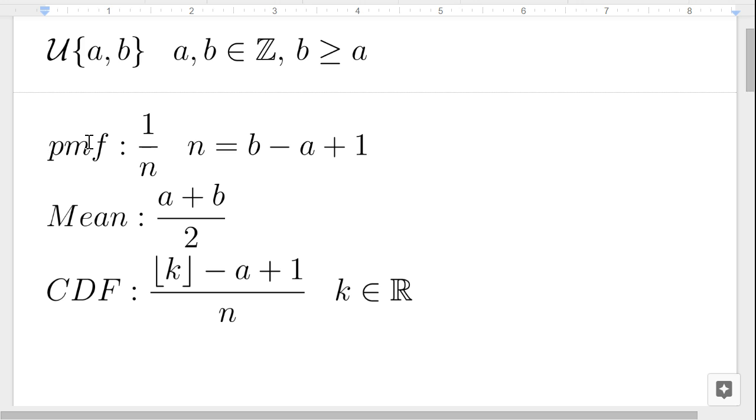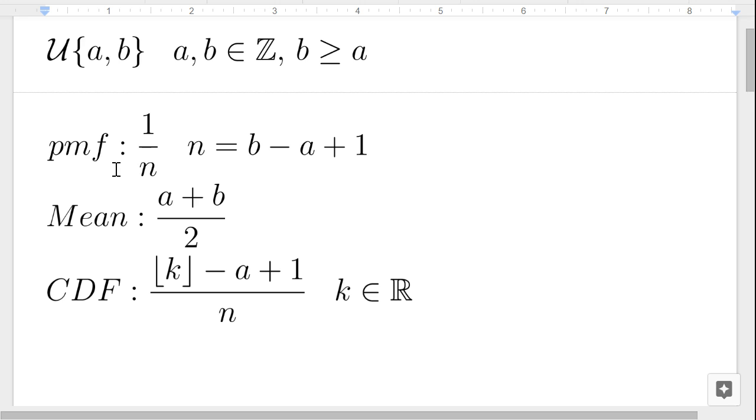And the probability mass function just tells you what the probability of each of the possibilities are. In this case, if you have a discrete uniform distribution over a certain number of elements, say that number of elements is n, then the probability is going to be 1 over n because it's evenly distributed.